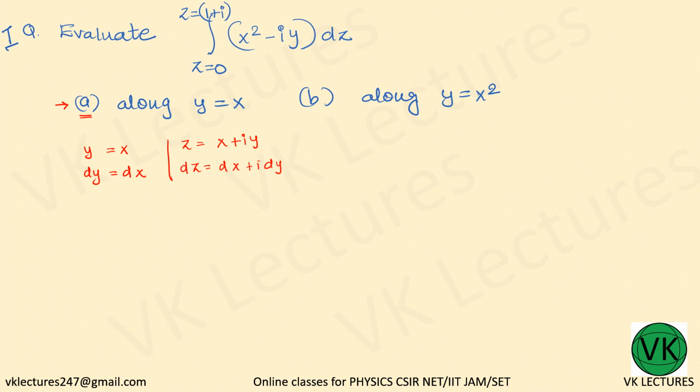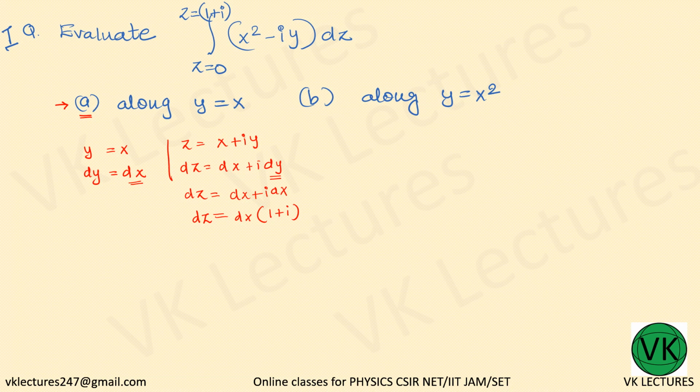Now in this we will replace dy with dx because dy equal to dx, so dz will be equal to dx plus i dx, so that's equal to dx into 1 plus i, which is nothing but the dz.